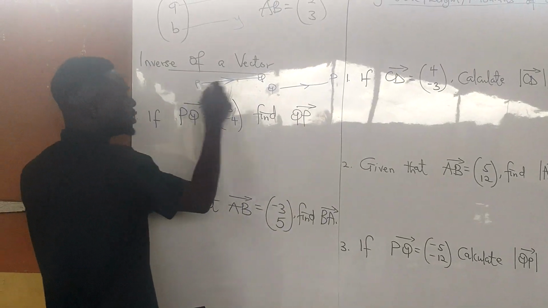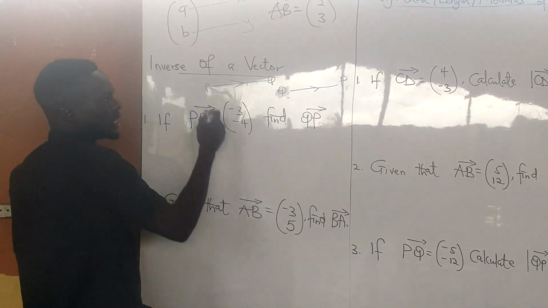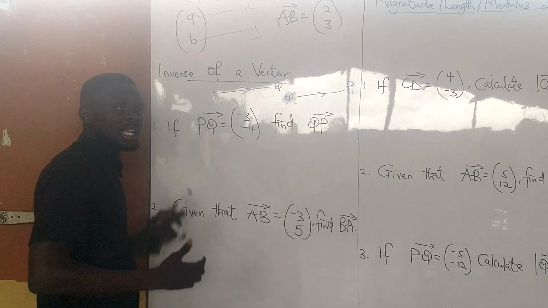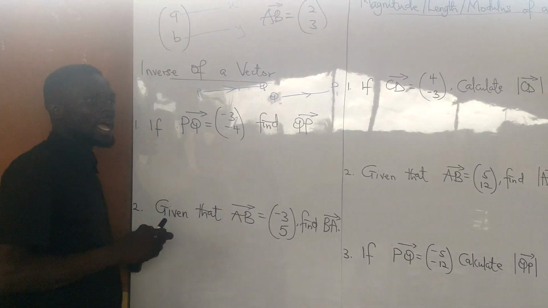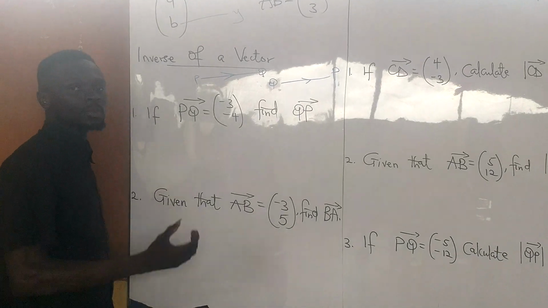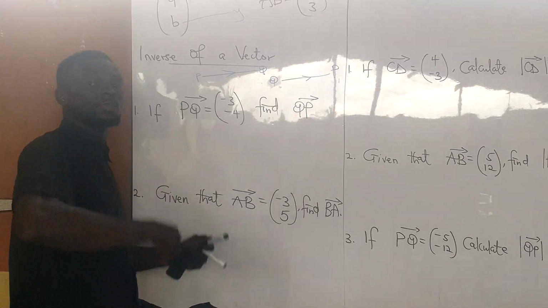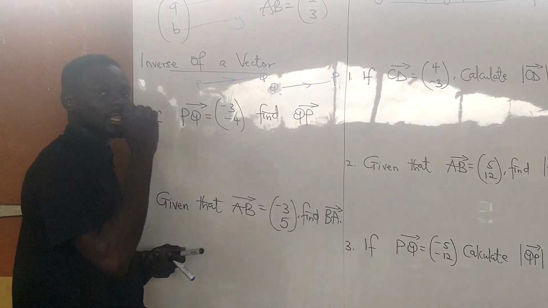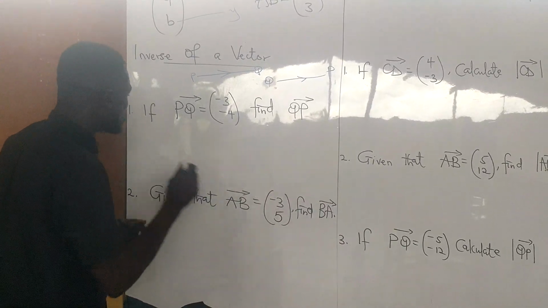If I move from P to Q, it is this vector. But if I move from Q to P, I am trying to find the inverse of that vector. And to calculate the inverse of any vector, you multiply the given vector by -1 to get the inverse.